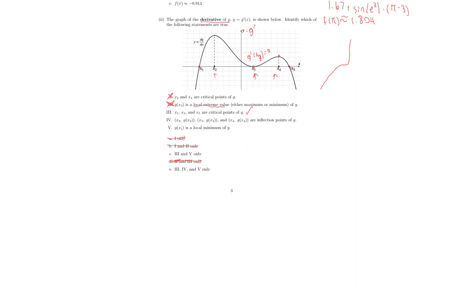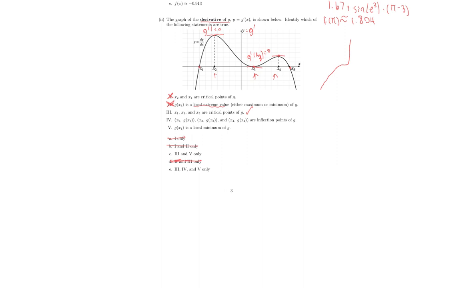So if I'm looking at the derivative of G prime, well, I have a positive slope everywhere, but at x2, that has a 0 slope. So that means that because our graph is G prime, G double prime, which is the derivative of G prime, is 0 there. It's 0 there. It's 0 there.